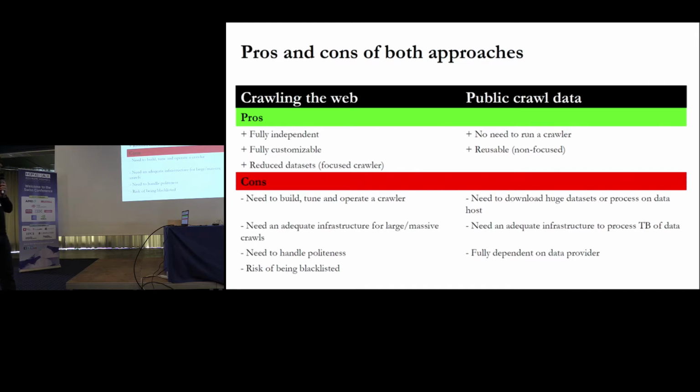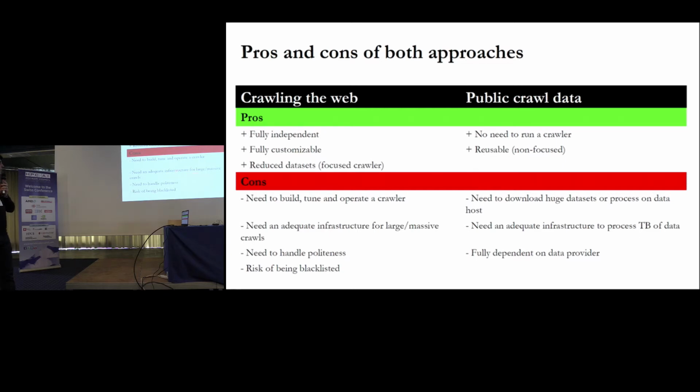The big inconvenience, of course, is that you have to build and operate the crawler, and the tuning is typically non-trivial. Every time you move from one server to another, you will have to play around with all the settings that you can tune for optimizing the machine resources that you have at your disposal.